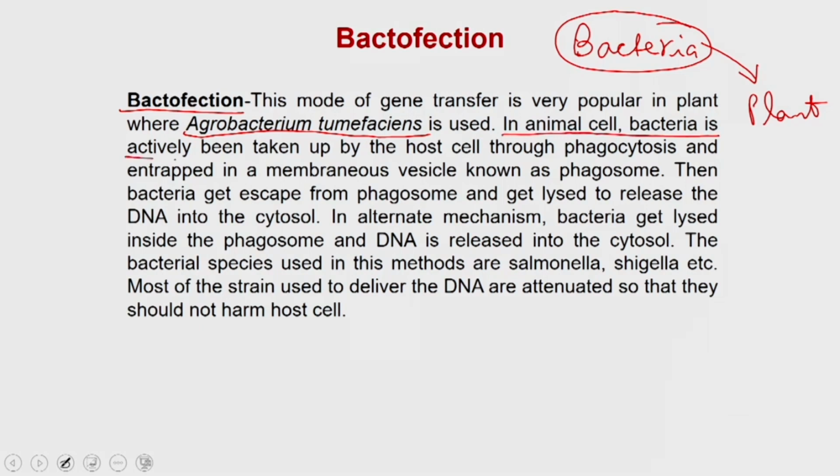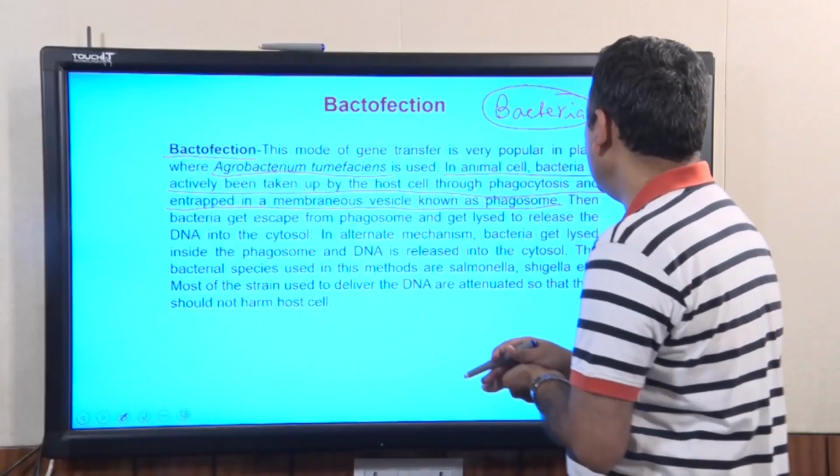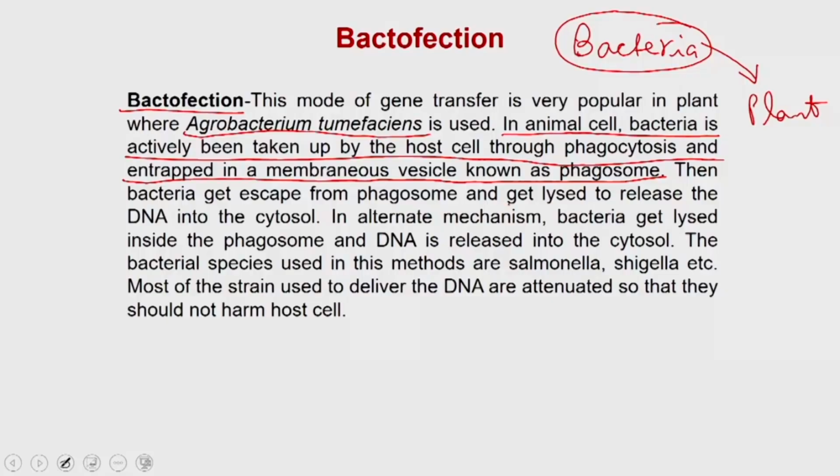bacteria is actively taken up by the host cell through phagocytosis, and then it is entrapped in a membranous vesicle known as the phagosome. Then the bacteria escape from the phagosome and get lysed. Once the bacteria is lysed, it releases the DNA into the cytosol.